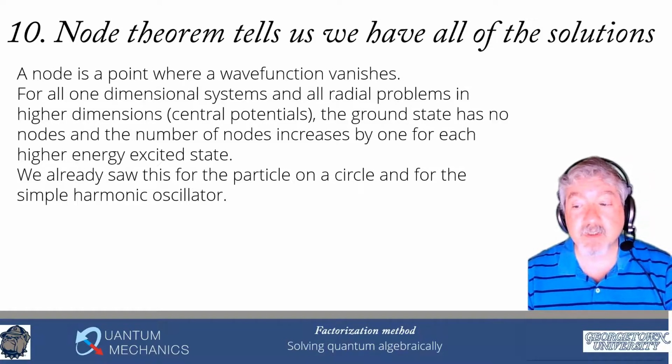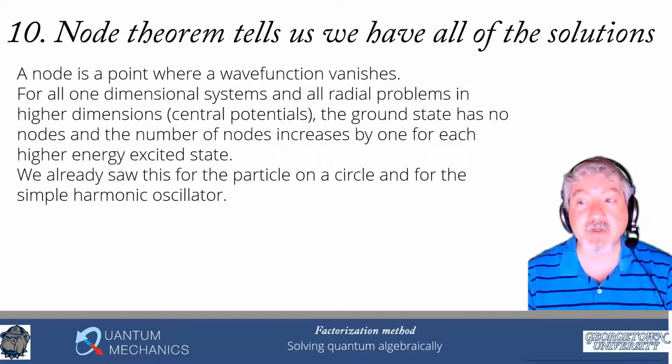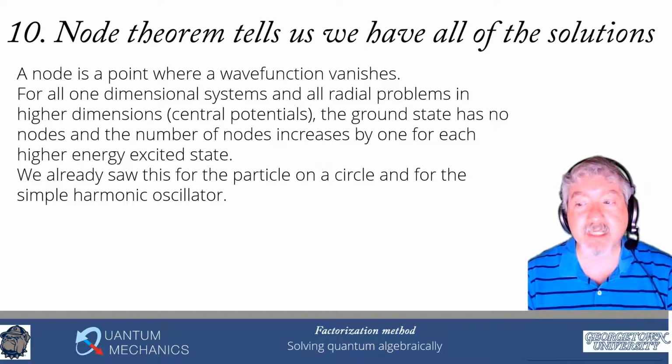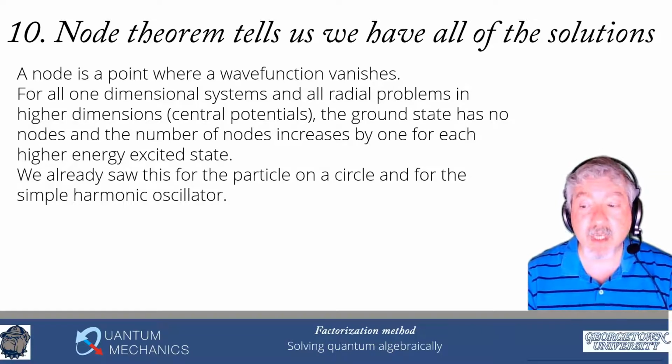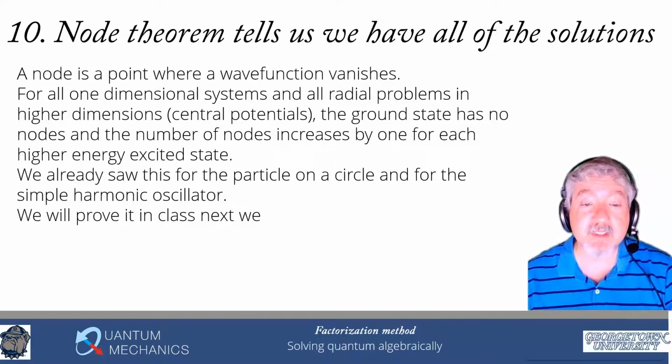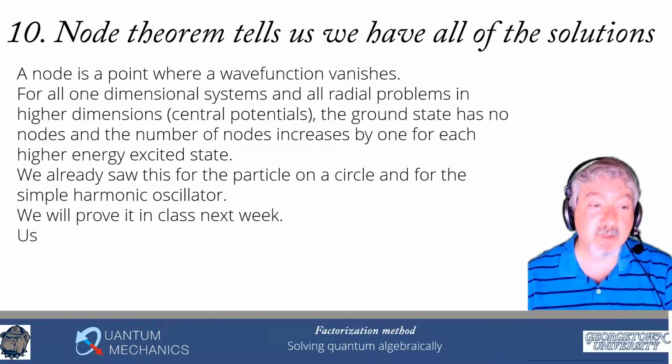In particular, we looked at the wave functions for the simple harmonic oscillator, and we saw that every time we increased the index by 1, that Hermite polynomial had an extra 0 in it, so we had another node entering into our wave function. We're going to prove this in class next week, and so I'm not going to say much more about this here, because we're going to be working on that again in just a bit.